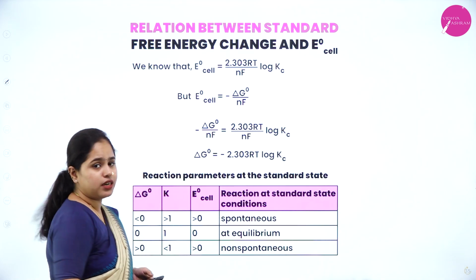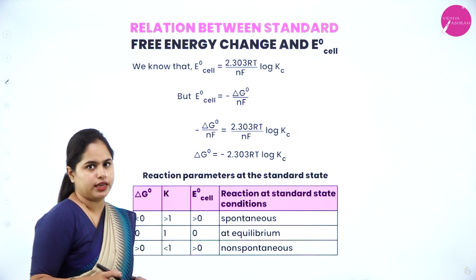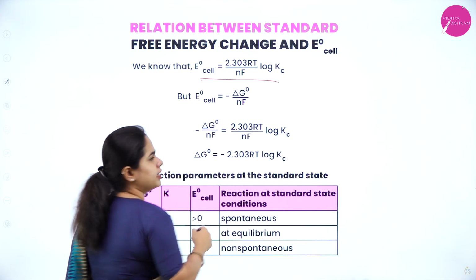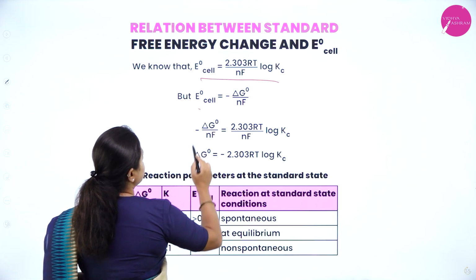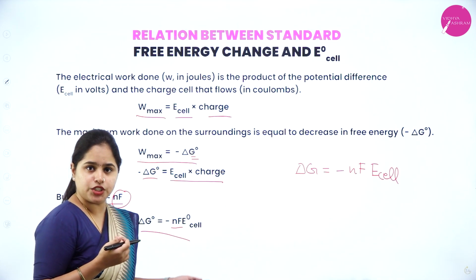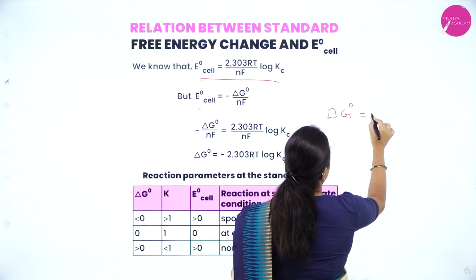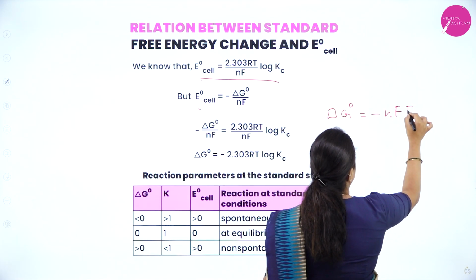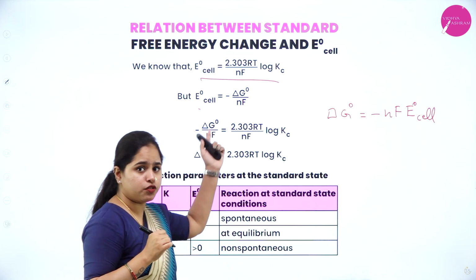Okay, so we studied the equation E naught cell is equal to 2.303 RT by NF log Kc. Relation between E naught cell and Kc. This we already studied. And we also know that E naught cell is equal to minus delta G naught by NF. So I got it from this equation itself. That is delta G naught is equal to minus NF E naught cell. This is the equation. So I want it in terms of E naught cell.